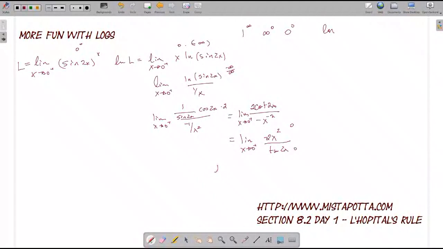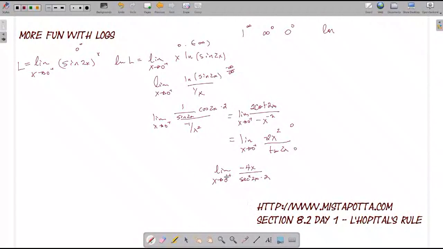So I've got the limit as x approaches 0 from the positive side. The derivative here would be negative 4x, and the derivative in the denominator would be secant squared 2x times 2.